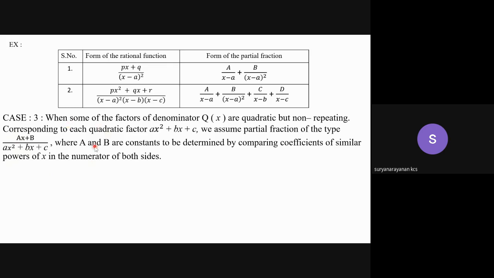So if the denominator contains any quadratic factor like this, then corresponding to this quadratic polynomial, we write a partial fraction like this: (Ax plus B) by (ax square plus bx plus c). After that, we find the values of A and B. That is the next step. Okay.